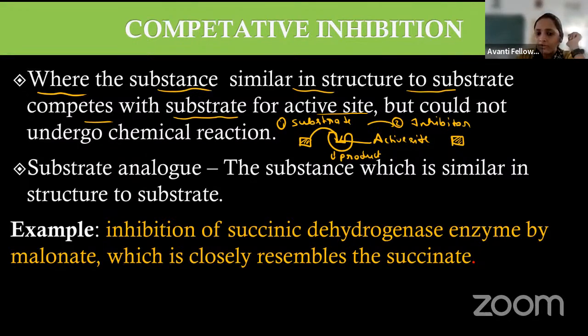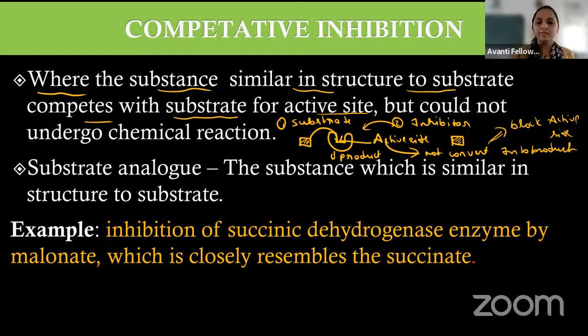But when the inhibitor binds, it will not be converted into product. Instead it will block the active site of the enzyme. So this is what our competitive inhibitor will do: a substance similar in structure to the substrate competes with the substrate for the active site, but cannot undergo a chemical reaction, right?